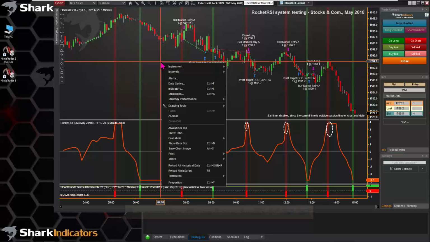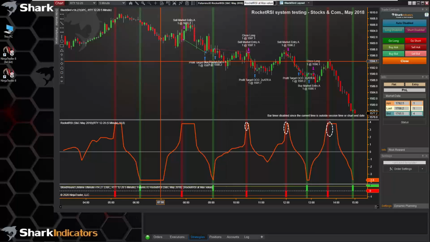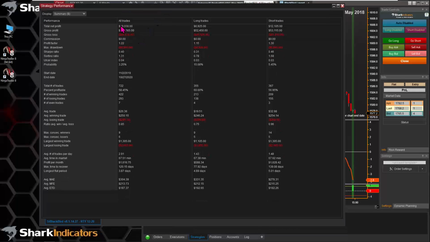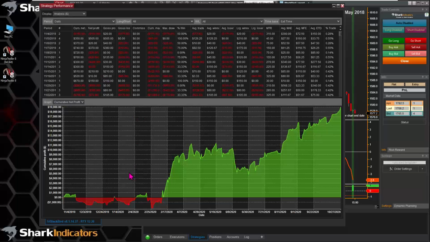All right, so strategy performance, again, historical. I really didn't point this out, but it did make a couple hundred dollars more over the entire year, only a couple hundred. So it doesn't look like that did much. If we look at the equity curve here, it looks pretty much the same. Well, I would say it's actually a lot smoother.